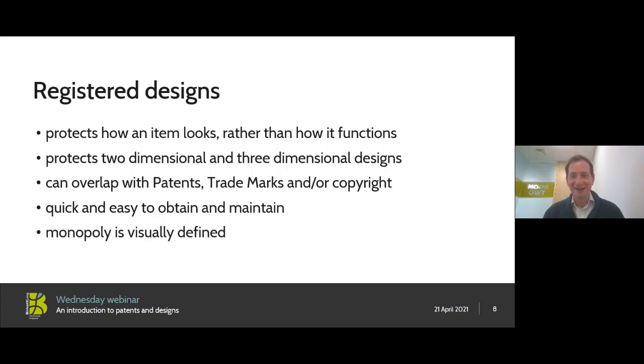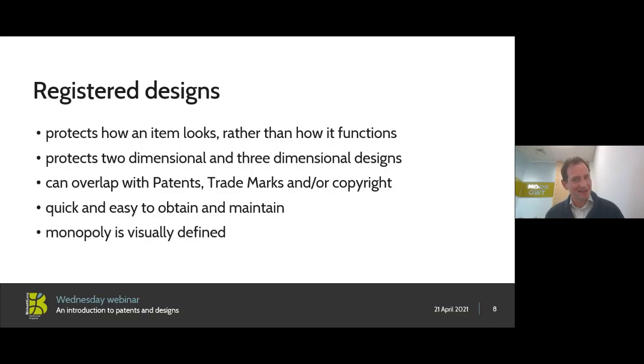Hopefully not an easy mistake to make, but something that sometimes people mishear me on the phone when I'm talking about these things. So we can protect the 2D and the 3D.